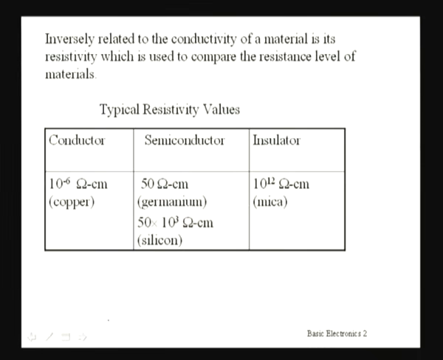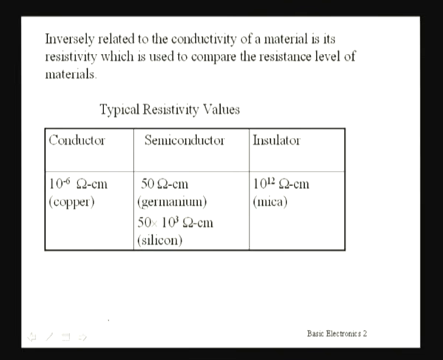As you know, the resistivity of a material is the inverse of conductivity. So if we compare the resistivity levels of conductors, insulators and semiconductors, we see that the conductor has the least resistivity among the three.